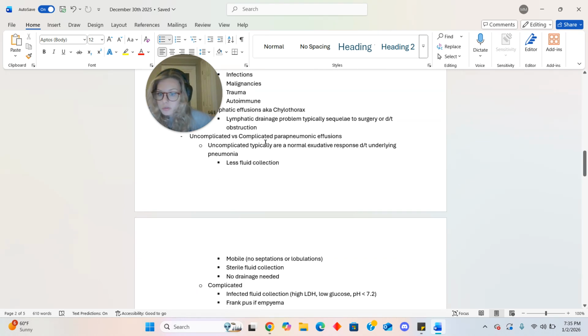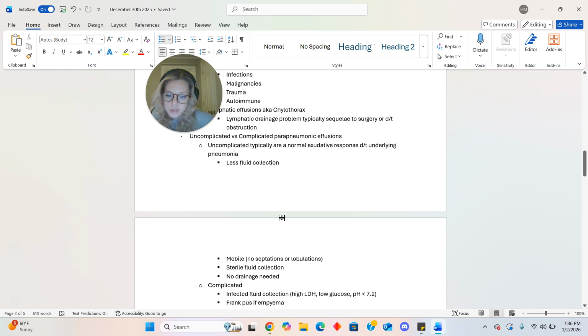With kids, we really don't care about this if they're clinically okay, but in response to pneumonia, it's not that uncommon to have a little baby pleural effusion. I'm sure that you've seen that many times. Somebody's sick, they have blunting of their costophrenic angles, that is a parapneumonic effusion secondary to pneumonia, which is expected. You're having some type of inflammatory response there.